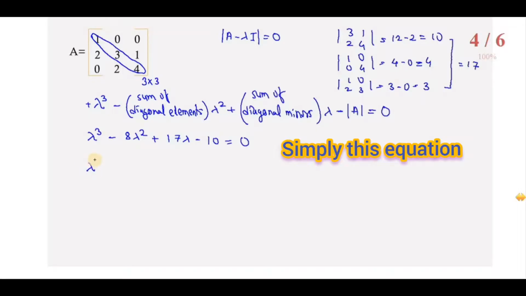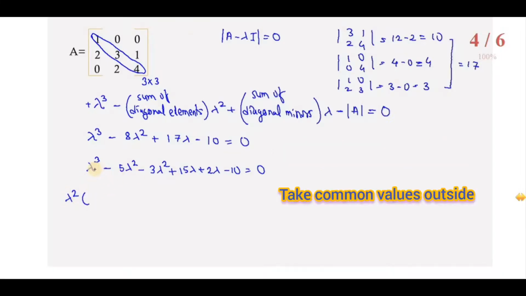So we are getting lambda cube minus. We split this 8 lambda square into 5 lambda square minus 3 lambda square, plus we will split 17 lambda also, 15 lambda plus 2 lambda, minus 10 is equal to 0. So we will take the common things outside.